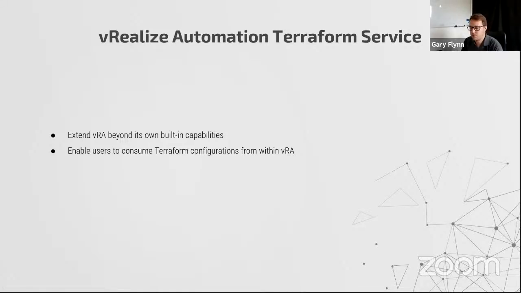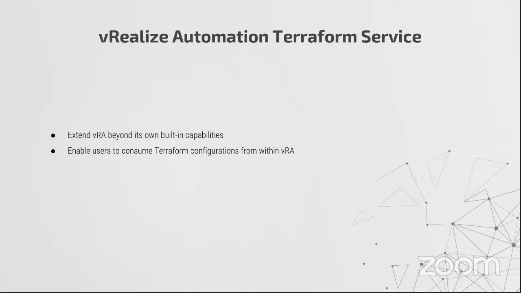So that's all well and good. We can consume VRA through the UI, we can consume it through the API, and we can now consume it through Terraform code. But there's another functionality on top of that, which VRA has added, which is about adding your existing Terraform code.